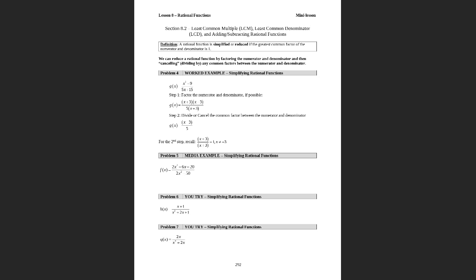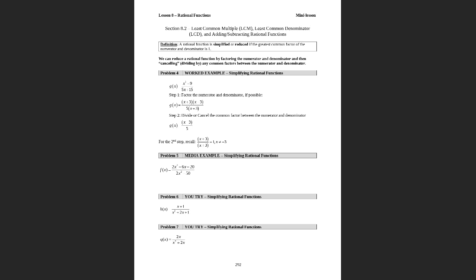A rational function is simplified or reduced if the GCF, the greatest common factor, we talked about greatest common factor previously, of the numerator and denominator is 1. We can reduce a rational function by factoring the numerator and denominator and then cancelling any common factors between numerator and denominator.